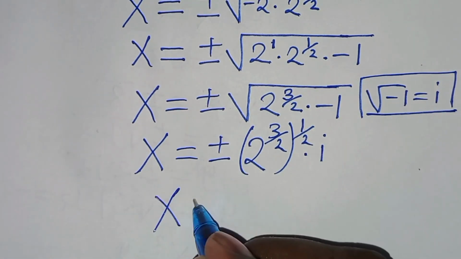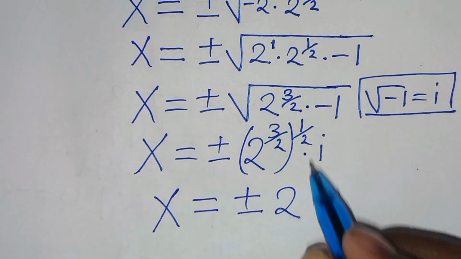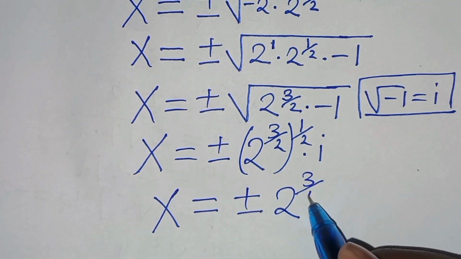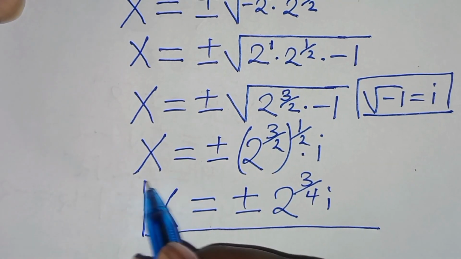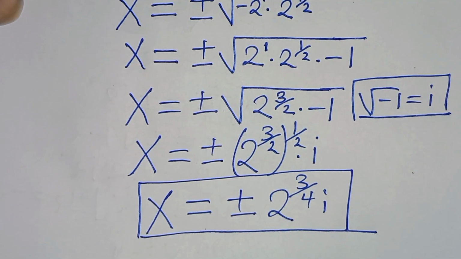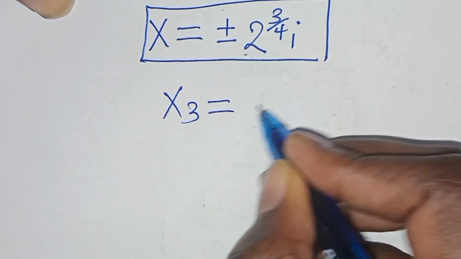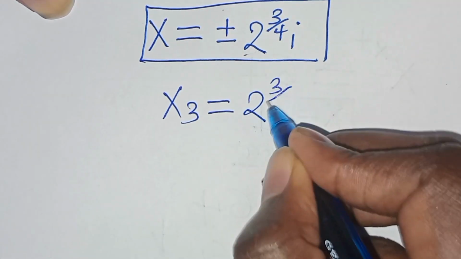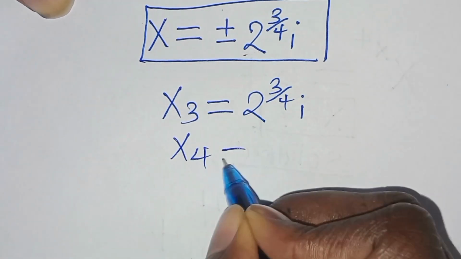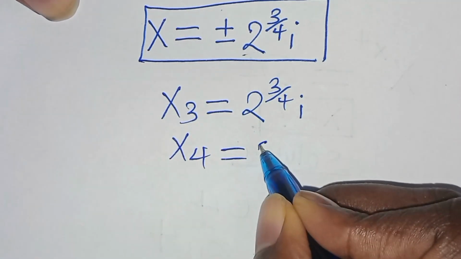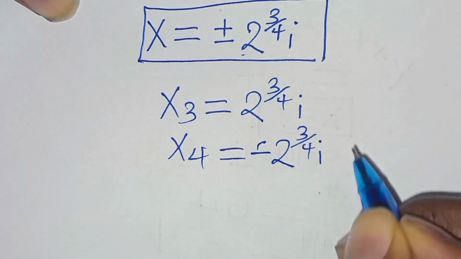So x is equal to plus or minus 2 raised to the power 3 over 4, times i. So here we have another two values of x. From here, we have that x3 is equal to 2 raised to the power 3 over 4 times i, and we have x4, that is minus 2 raised to the power 3 over 4 times i.